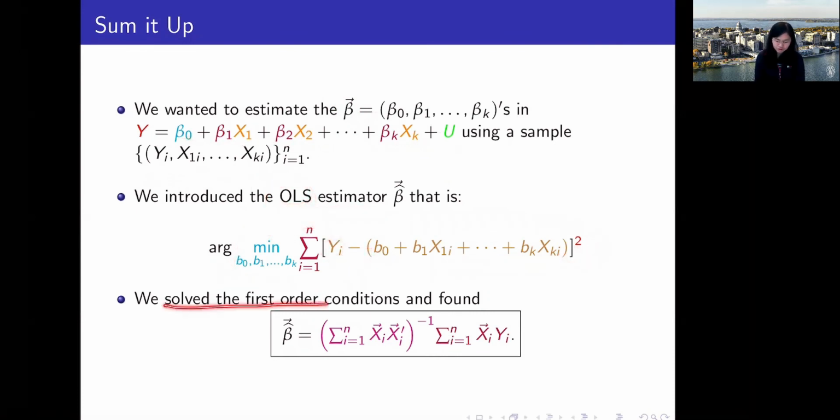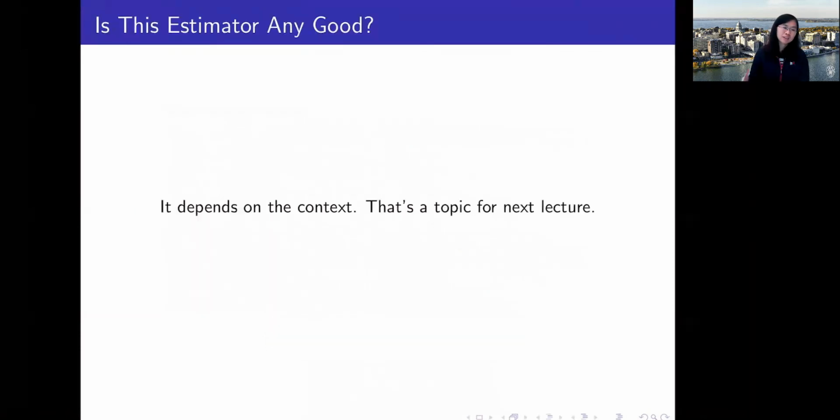We solved the first order conditions to this minimization problem and found that the OLS estimator is given by this formula. Well, is this estimator a good estimator? It depends on the context. We're going to talk about whether this estimator is any good in the next lecture.